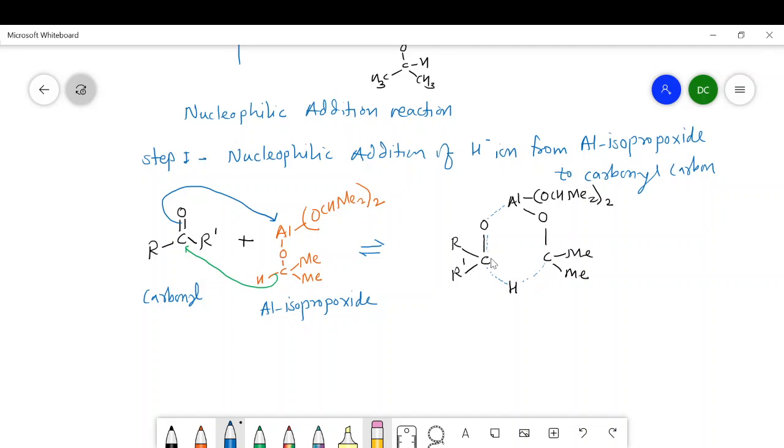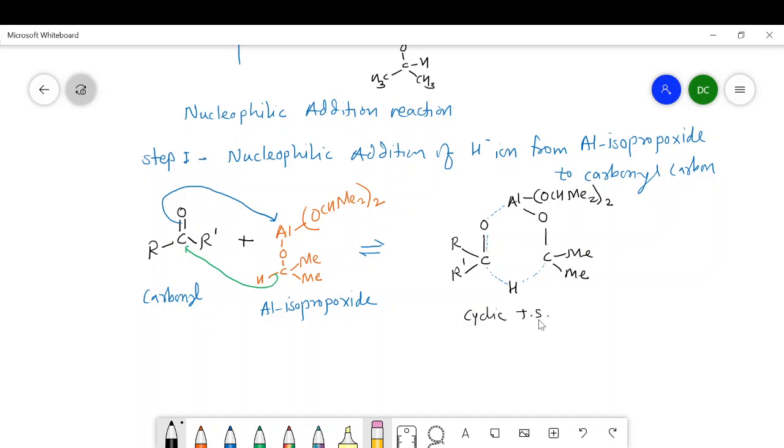In this way, a cyclic transition state forms, and it is a six-membered one. Therefore, in the nucleophilic addition of hydride ion from aluminum isopropoxide to the carbonyl carbon, a six-membered cyclic transition state is formed.